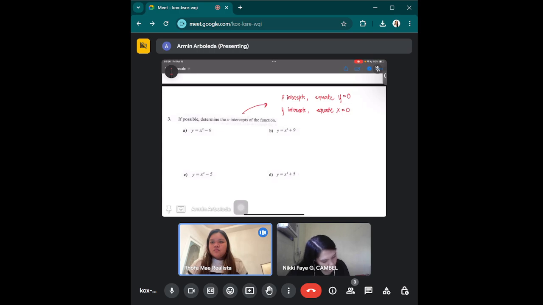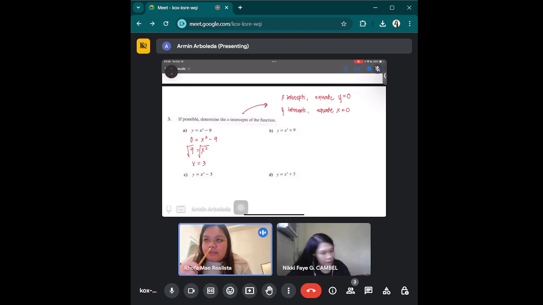so here, for letter A, equate y to 0, and then square root, right? When you move it to the other side, it's gonna be positive. Okay, and then get the square root of each. X is equal to 3.